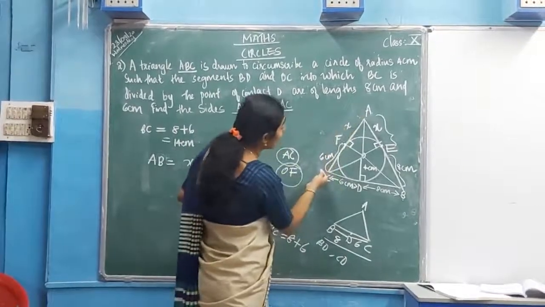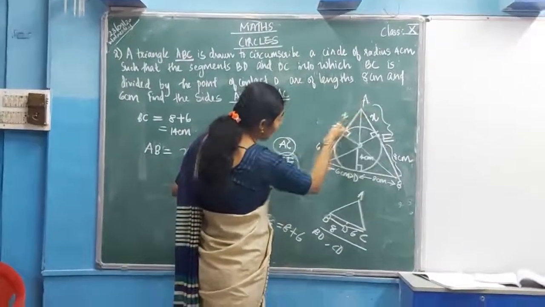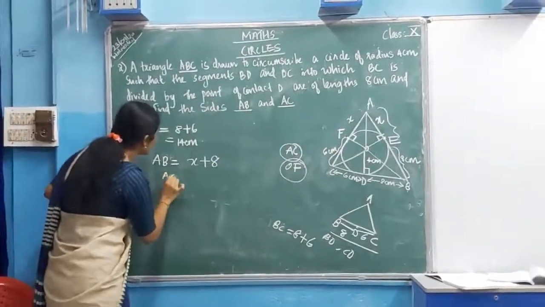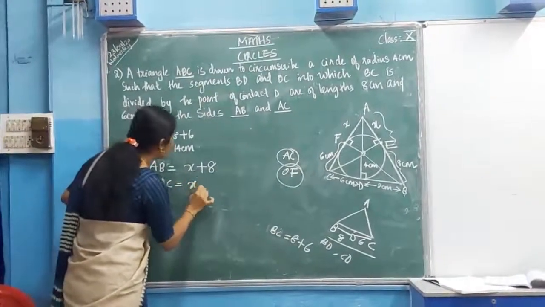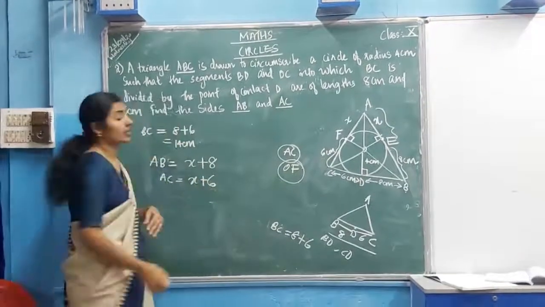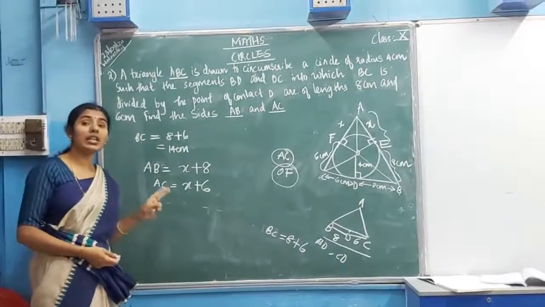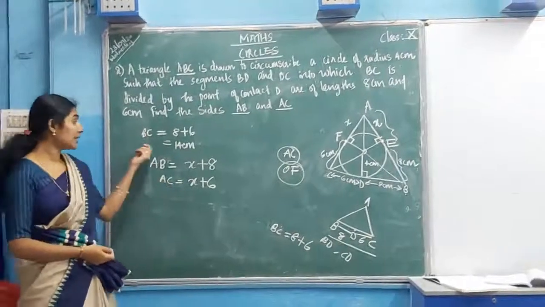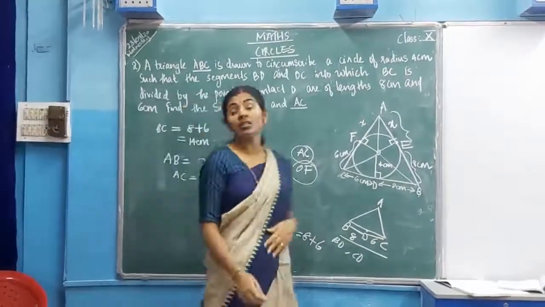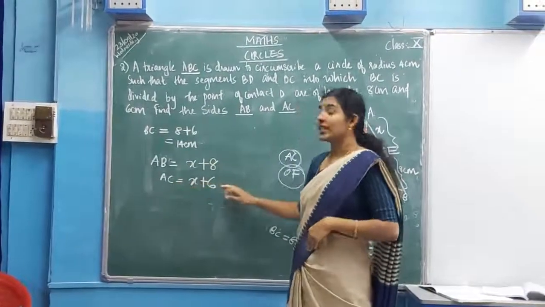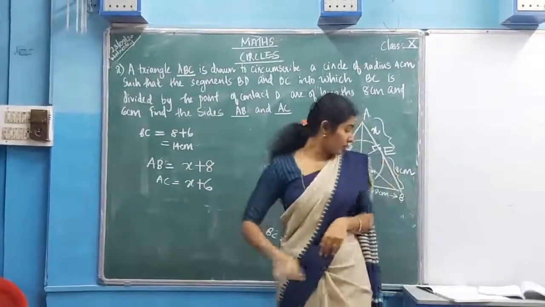Side AC is the sum of AF and FC. So AC you can write as x plus 6. So we are getting three sides of the triangle. Which are they? BC is 14 centimeter, AB is x plus 8, AC is x plus 6.